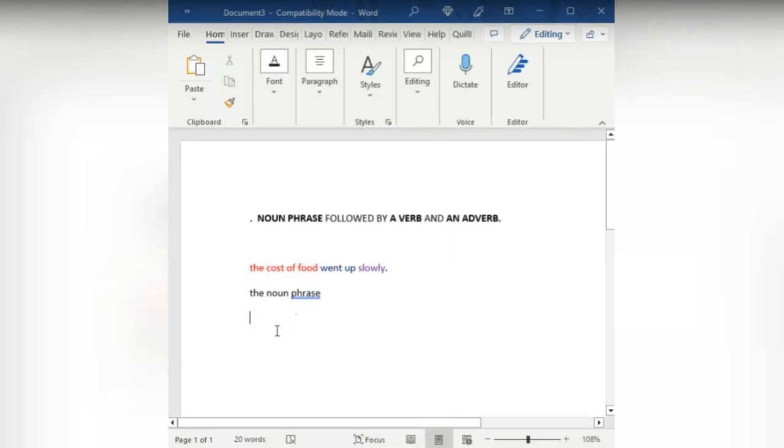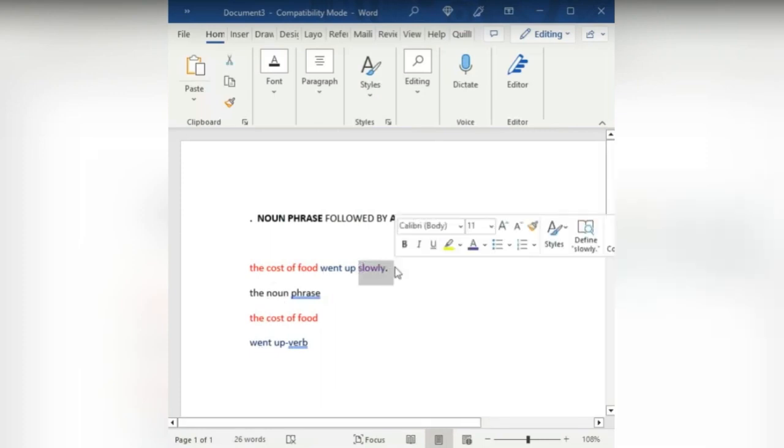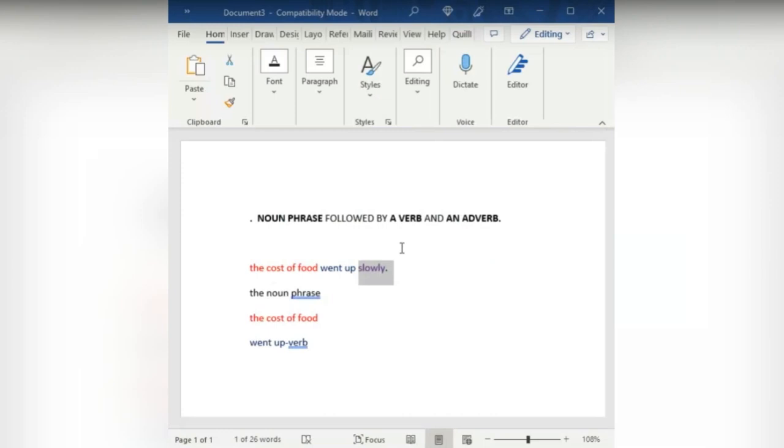So we have the cost of food to be a noun phrase. Then we have the word went up, which now becomes a verb. And then the last one is slowly, which shows the intensity of the movement of that particular trend.